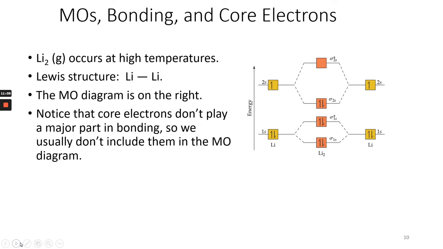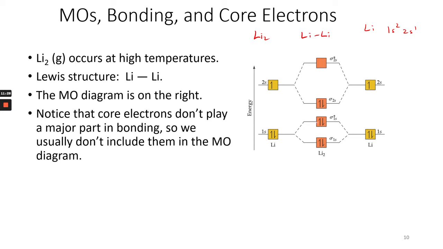So let's try this for Li2. Okay, so Li2 just means Li bonded to Li. Now, lithium's electron configuration is 1s2, 2s1. So we write lithium over here, and lithium over here, and the 1s's.